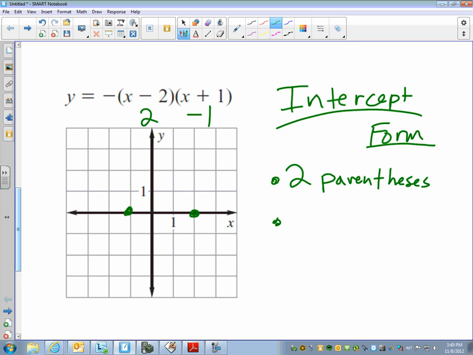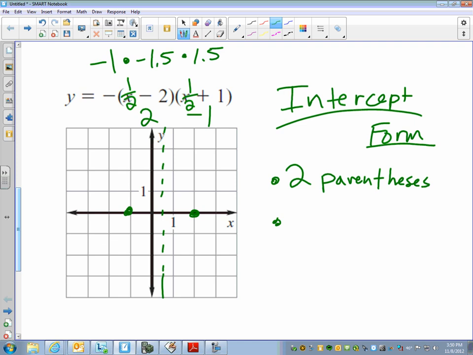What number's in the middle of that? A half. Oops, not a solid line, dashed line. A half is in the middle, so we put a half in. Negative 1, that's the front thing, times negative 1.5 times 1.5.